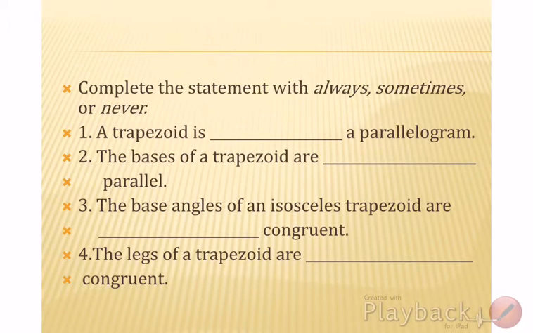The base angles of an isosceles trapezoid are always congruent. The legs of the trapezoid are sometimes congruent. Sometimes. Which do you think? They're sometimes congruent. It depends on the length of the legs.